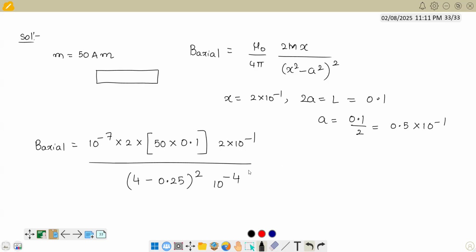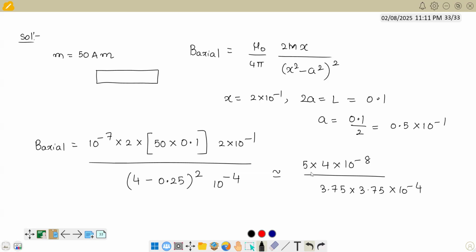I'm not solving it fully, or else if you want to solve this approximately, 50 into 0.1 is 5, into 2 is 4 into 10 power minus 8. 4 minus 0.25 is not that big of a number. I'll take it as 4 square only, 16, but if I do that, we will get a different result. So it would be 3.75 into 10 power minus 4.